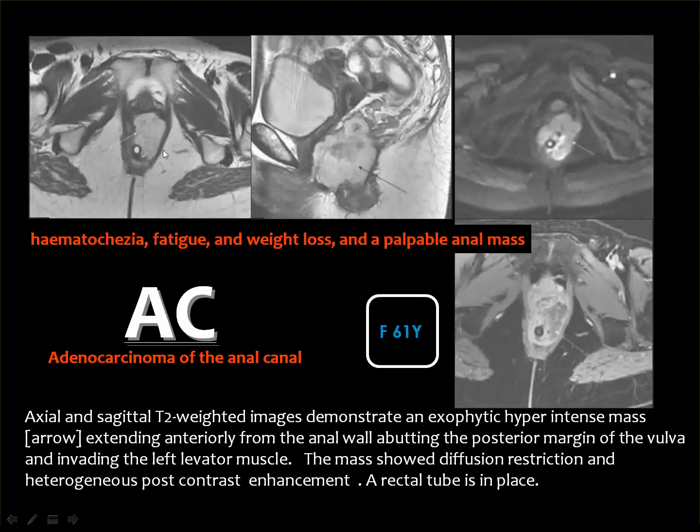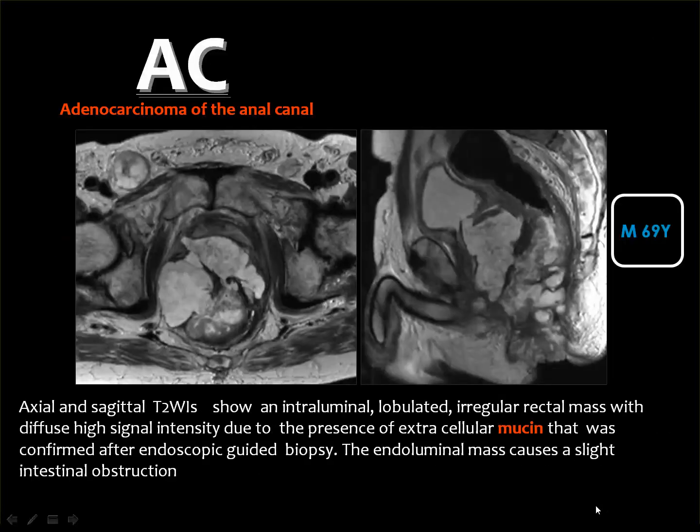This is an axial and sagittal T2 weighted image showing a mass in the anal area, bordered by the external anal sphincter, which looks intact. The mass showed heterogeneous post-contrast enhancement, and the high signal intensity on the T2 weighted image is a sign that this tumor is of the adenocarcinoma type.